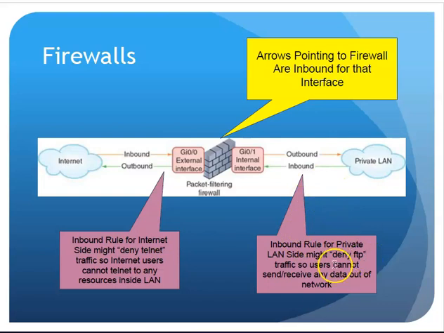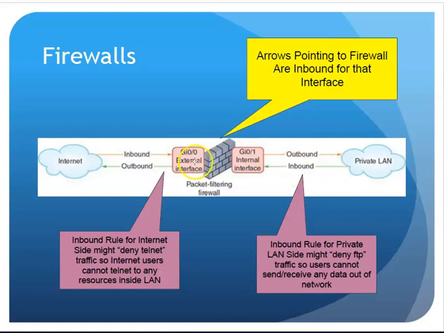In addition, I might have a second rule here on the inside preventing the users in this network from trying to FTP data outside. So I might have a rule here that's going to deny FTP traffic from trying to leave the private network and go outside. So users cannot send files out and compromise the business.